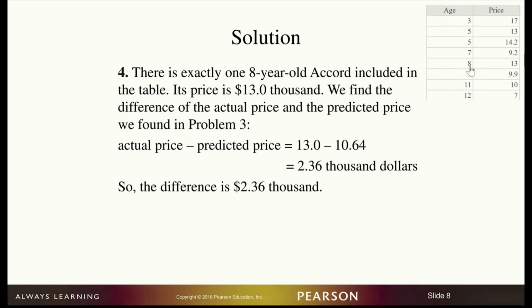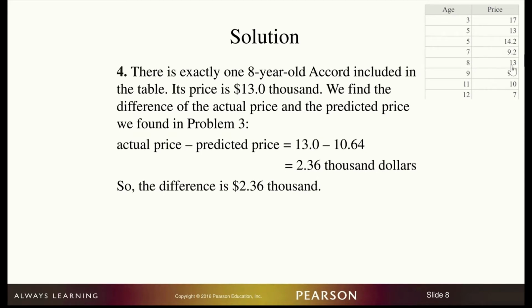Notice that there was exactly one 8-year-old Honda, and it was valued at 13,000. So the difference between the actual price and the predicted price will be 13 minus 10.64 or 2.36 thousand dollars.